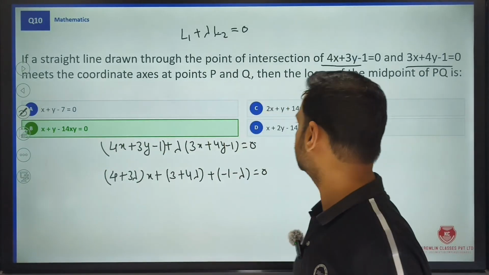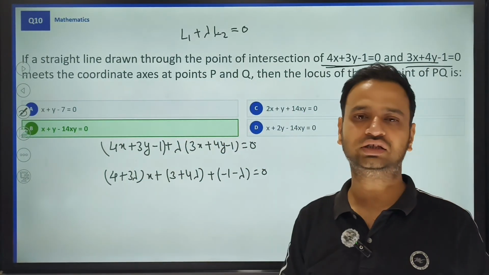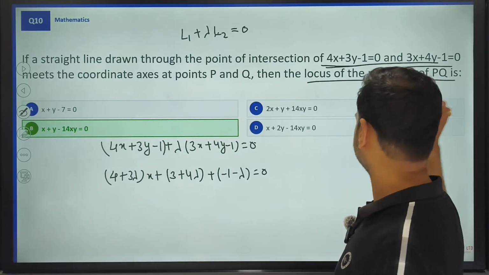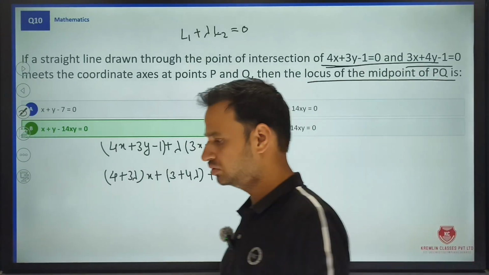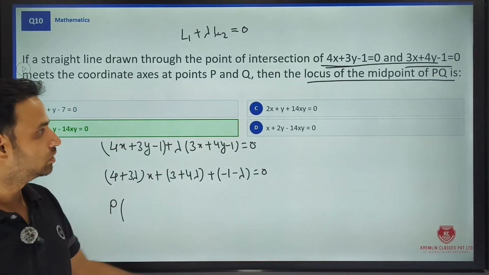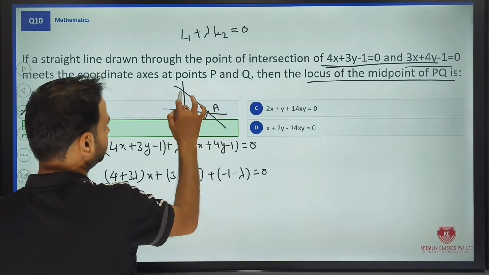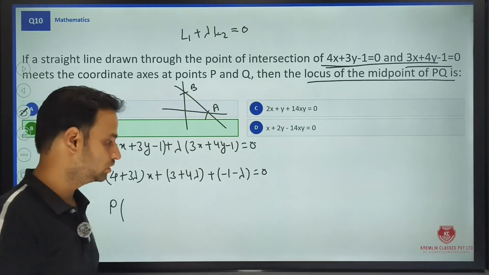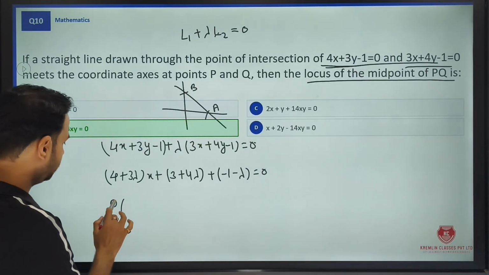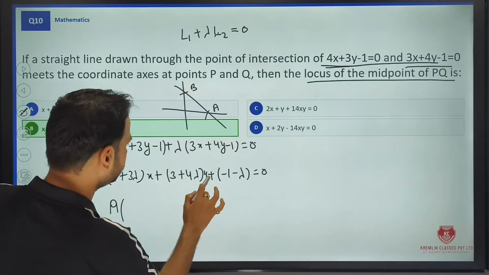So this is the line which is passing through the point of intersection of these 2 lines. This line meets the coordinate axis at P and Q. We have to find the locus of the midpoint of P and Q. So what will be the point P? This line is somewhat like this, cutting x-axis at A, cutting y-axis at B. So we have to find the point A. Basically A lies on the x-axis, so we have to put y equals to 0.